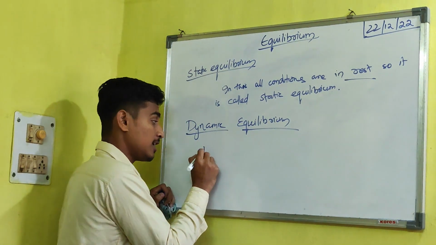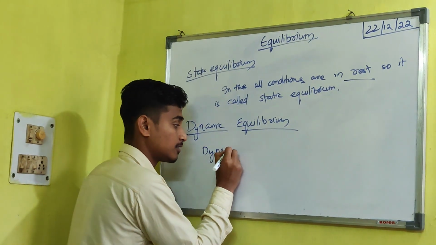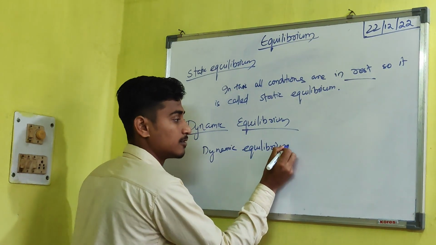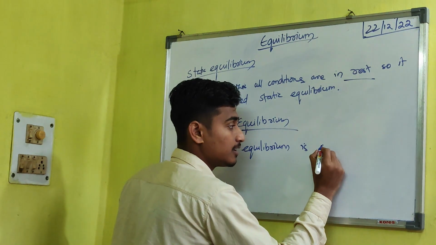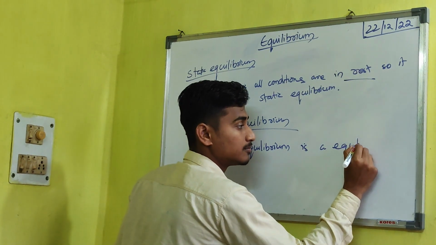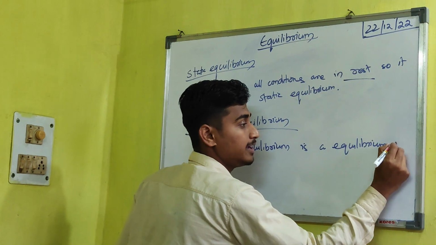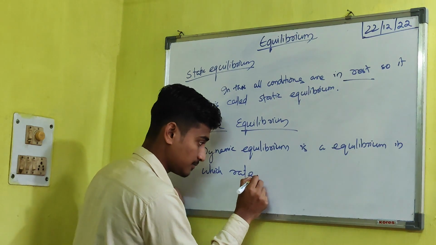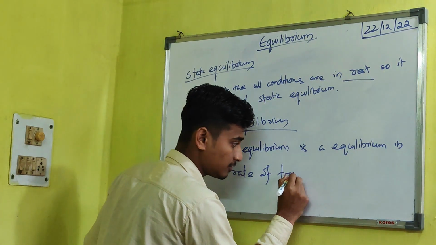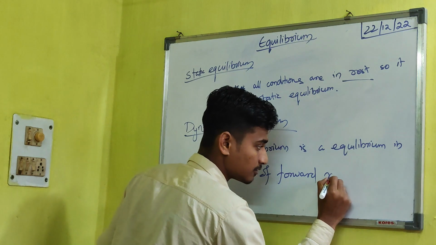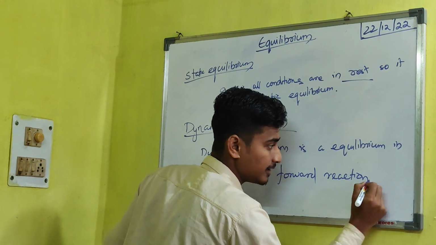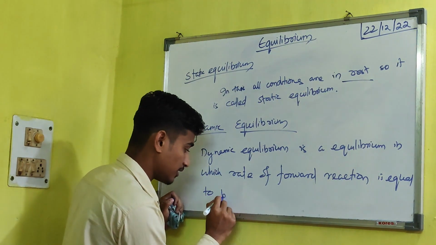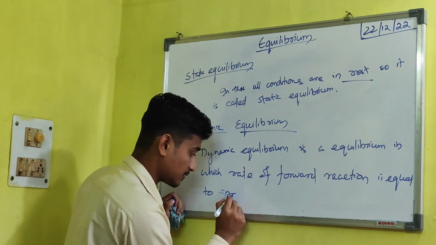Let's come to the definition. Dynamic equilibrium is equilibrium in which the rate of forward reaction is equal to the rate of backward reaction.